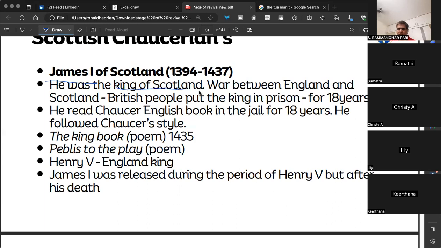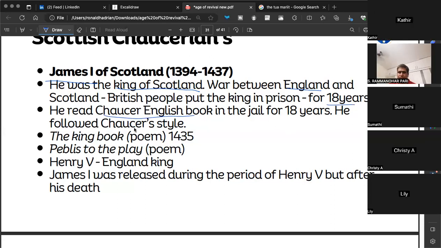Remember, James I was the king of Scotland, but unfortunately, the English kings imprisoned him in jail for 18 years. During this time, he read Chaucer's writing and so he followed Chaucer's style. He was quite impressed with his style.